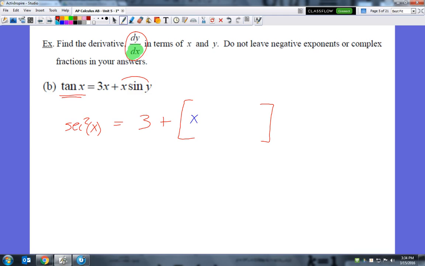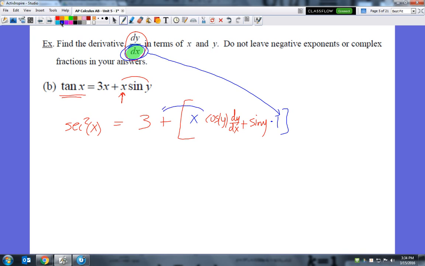First times the derivative of the second, which is cosine of y dy over dx, plus the second times the derivative of the first. And the derivative of the first, again, so here's my first term right here, is an understood 1 because of the fact that we're in respect to x. So I'll just say times 1. If you don't want to write it, you do not have to.